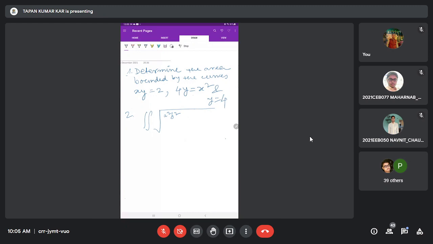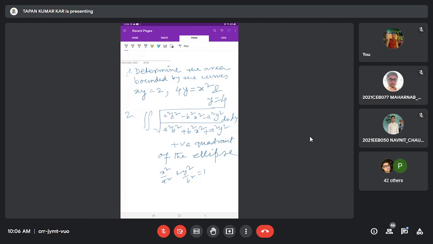Integral of (a square b square minus b square x square minus a square y square) by (a square b square plus b square x square plus a square y square) dx dy over the positive quadrant of the ellipse x square by a square plus y square by b square equal to 1.